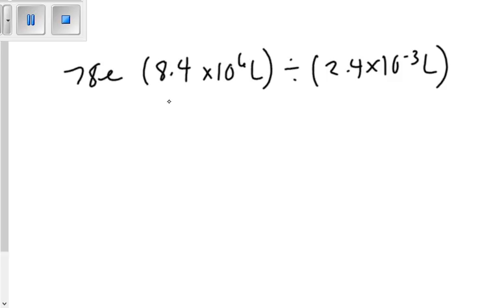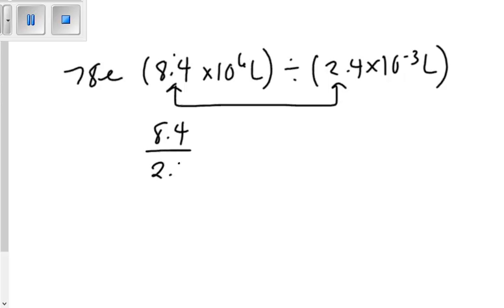So 8.4 divided by 2.4 equals 3.5, times, and your exponents you're going to subtract.